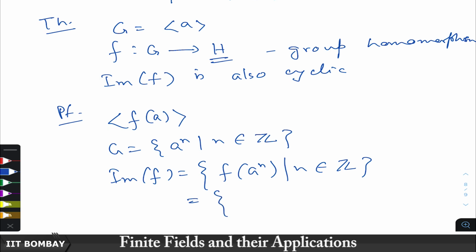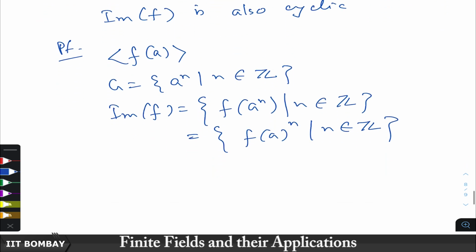It is nothing but f(a)^n where n belongs to Z, because f(a inverse) is the same as f(a) inverse also. So, for negative powers also this holds.